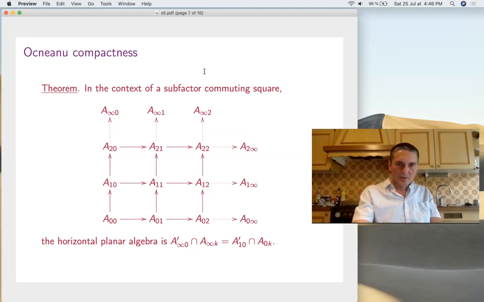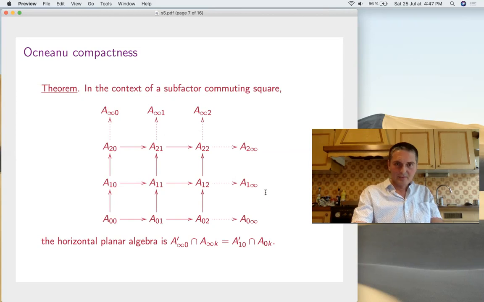Now if you want to compute, actually it's better to look at this factor here, A infinity 0 included into A infinity 1. If you want to compute the Jones tower, that's exactly what you get here: A infinity 2, A infinity 3, and so on. And the commutants: let's take k equal to 1, for simplification. The commutant of this inside of this, that's what we call P2, the second component of the planar algebra. Ocneanu compactness tells you that you don't need to compute all these limits and everything.